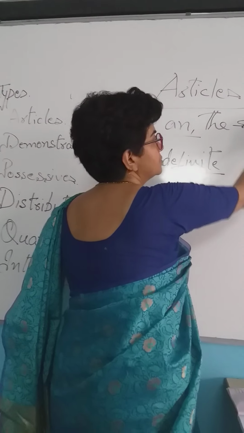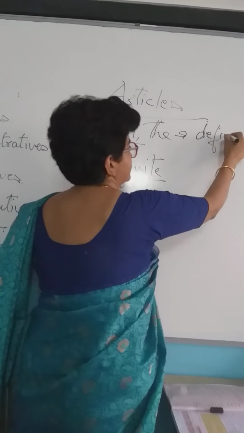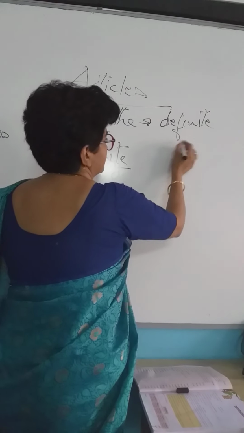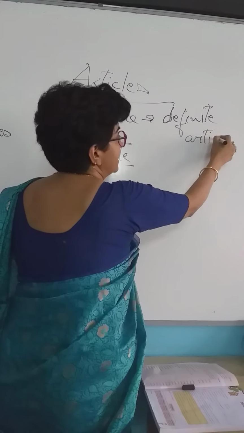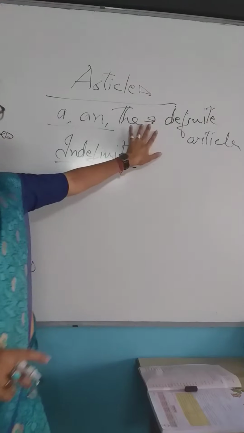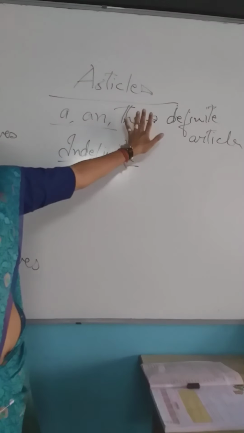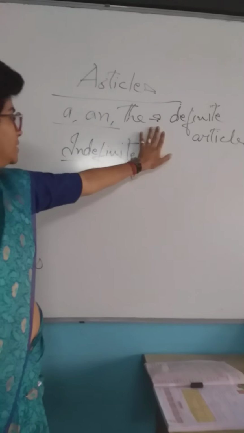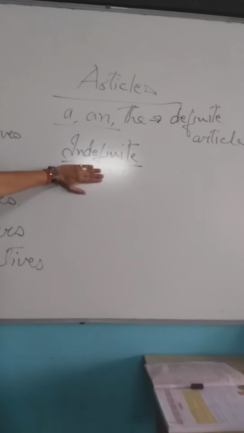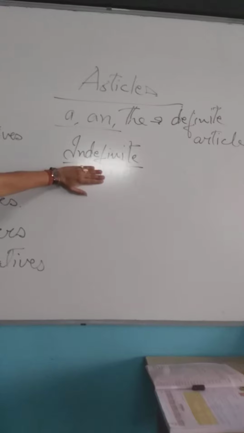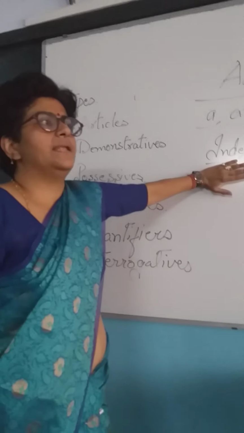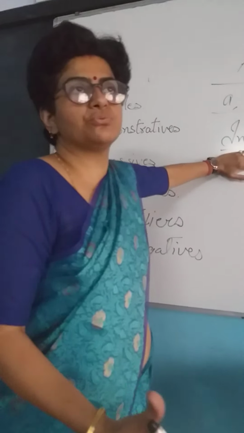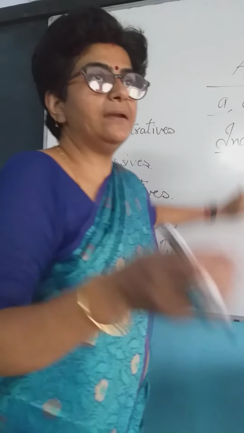While the is considered a definite article. Why so? Because we use it when we are very sure of something or its importance. Indefinite is when we are not very sure, when we don't want to give much importance to the thing, then we talk about a and an.